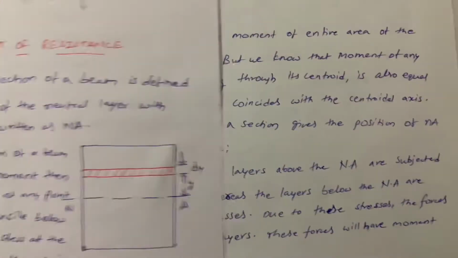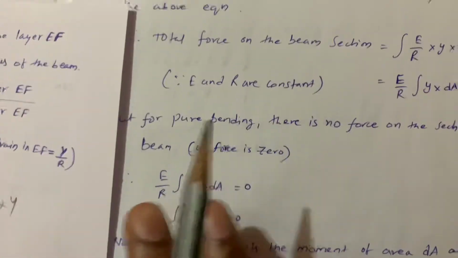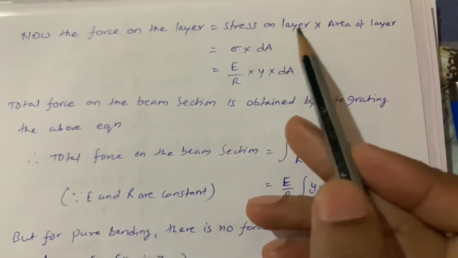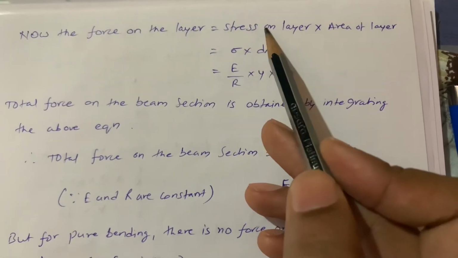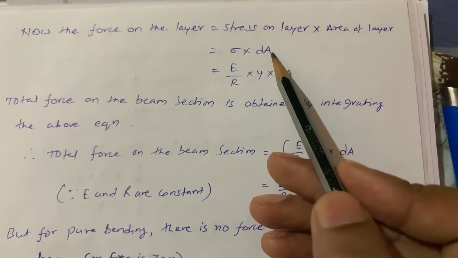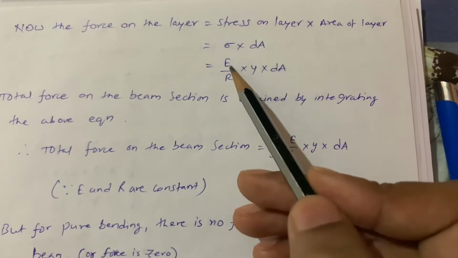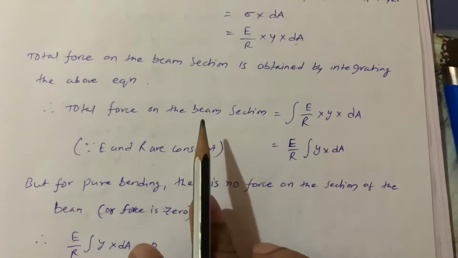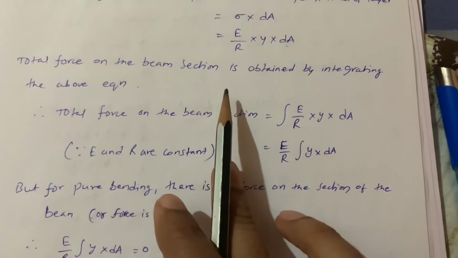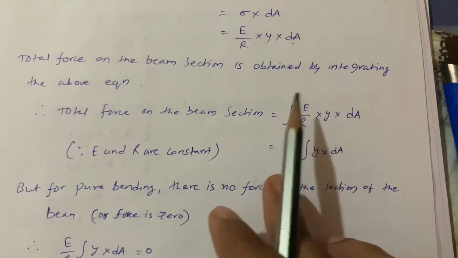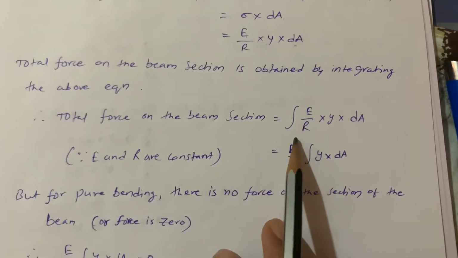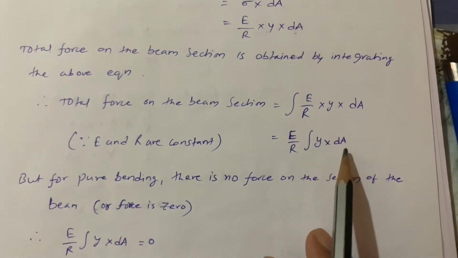Now we calculate the force in the layer: force equals stress into area. So sigma is the stress and the area is dA, and sigma is E by R into Y, into dA. For the total force on the beam section, we have to integrate this equation.